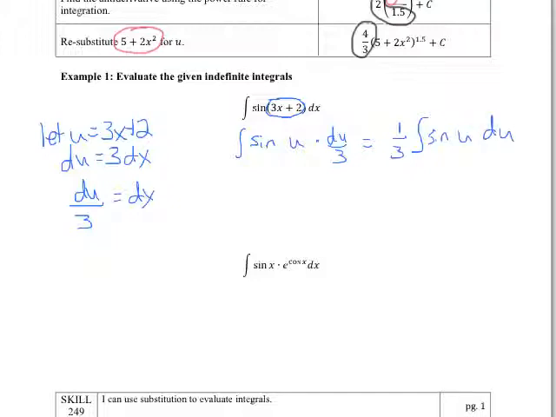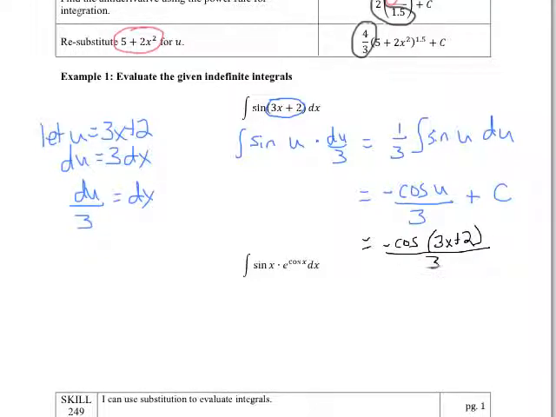And the integral of sine is negative cosine. So what we have is negative cosine u over 3 plus c. And then we substitute in our u value to finish it all out. So if we substitute in our u, we get negative cosine of 3x plus 2, all over 3 plus c.